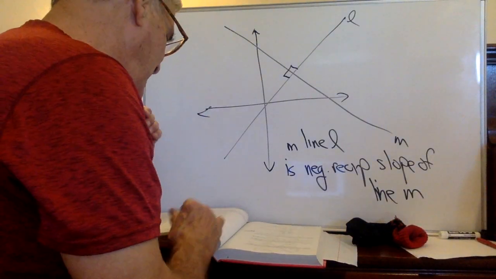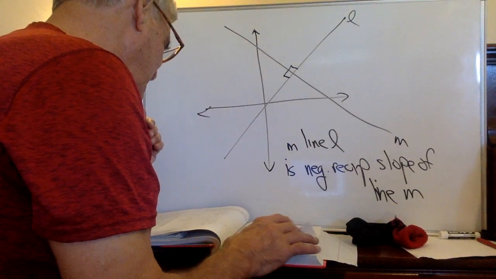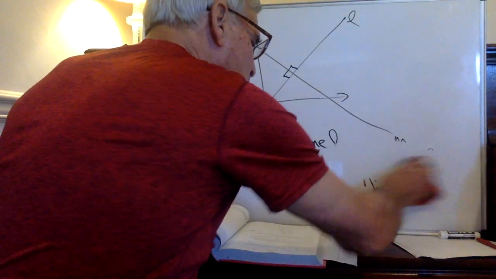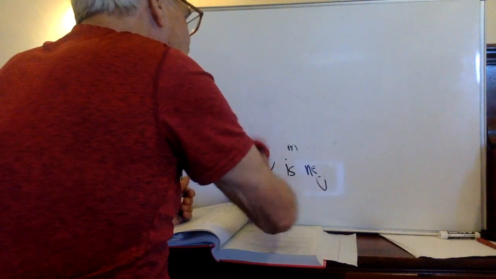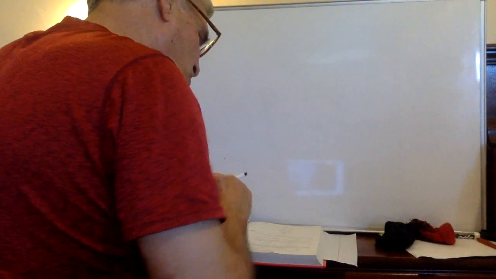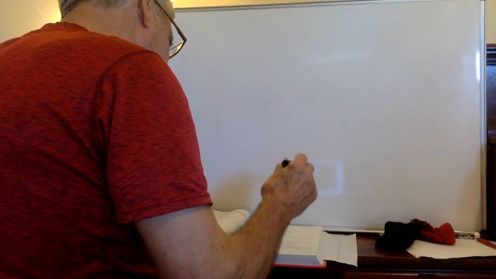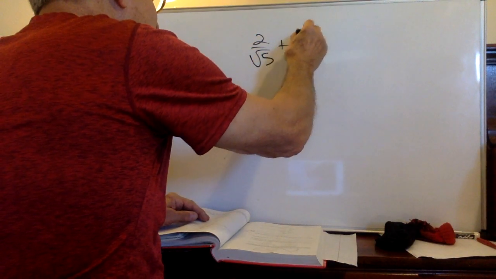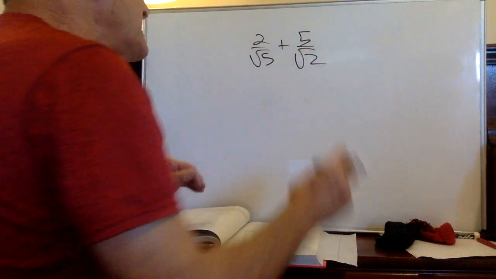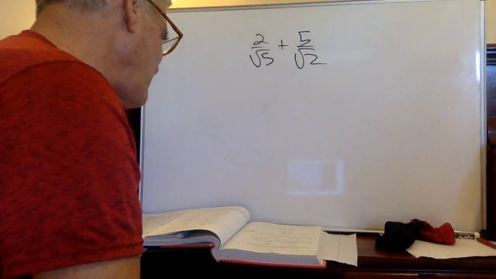Okay? And so in sections 30 and 31, really, they don't give you a whole lot of new information. They do also, however, talk a little bit more about something like this: 2 over root 5 plus 5 over root 2.